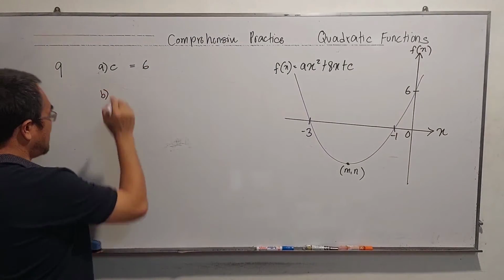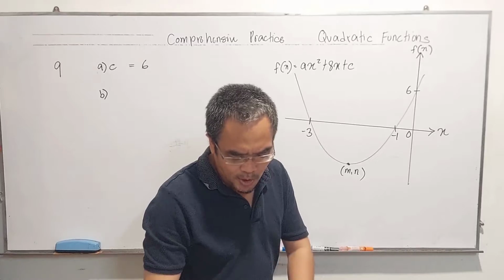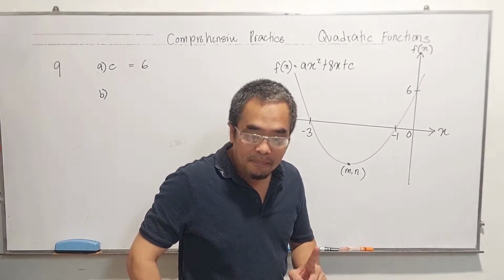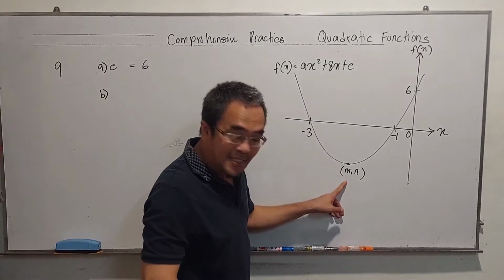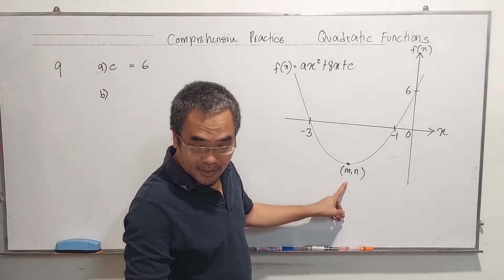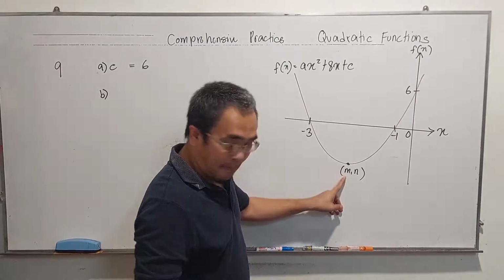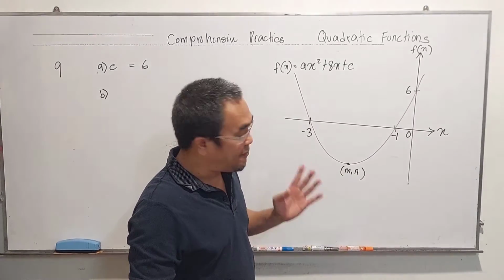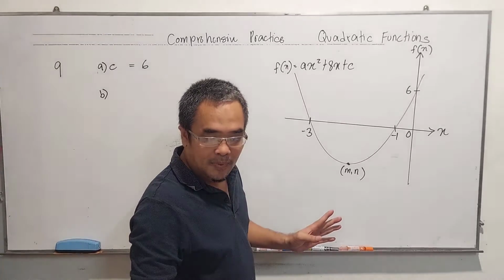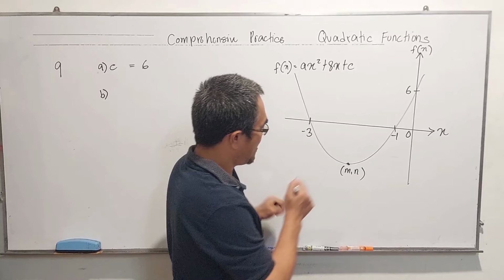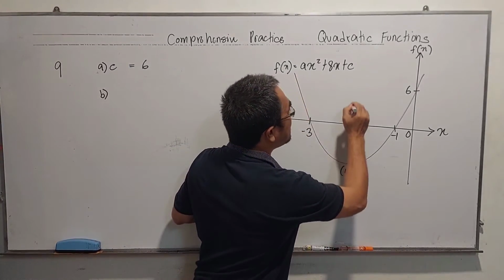So for B, what's the question? Value of m. M is the value of x for the minimum point. M is also the value of the axis of symmetry for this graph.